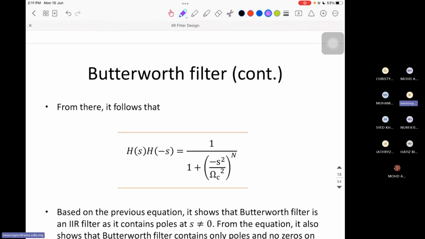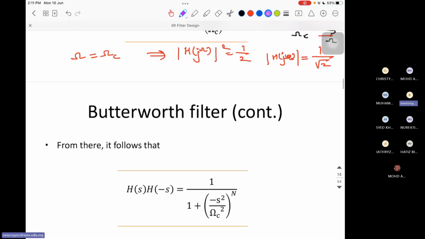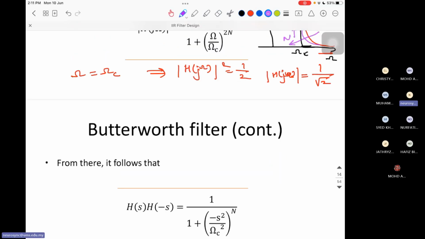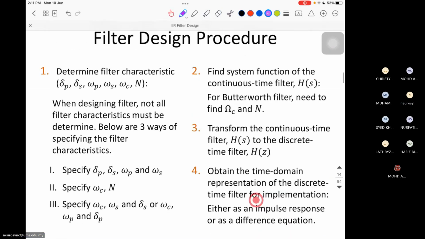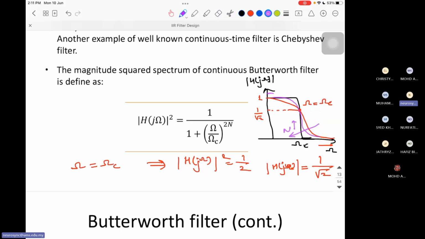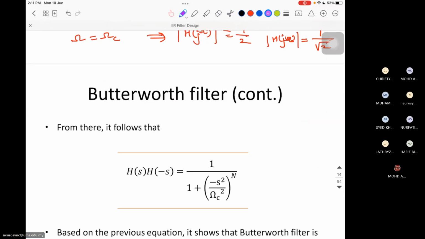This squared magnitude I can write like this: H of s into H of minus s is equal to, here, s is equal to j omega, so I can write this in terms of S. In terms of S, I will write minus S square divided by omega C square, to the power n.